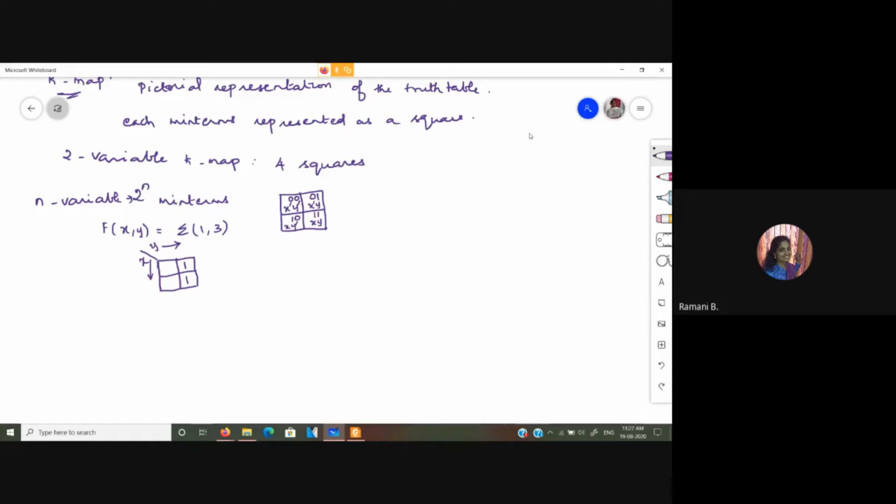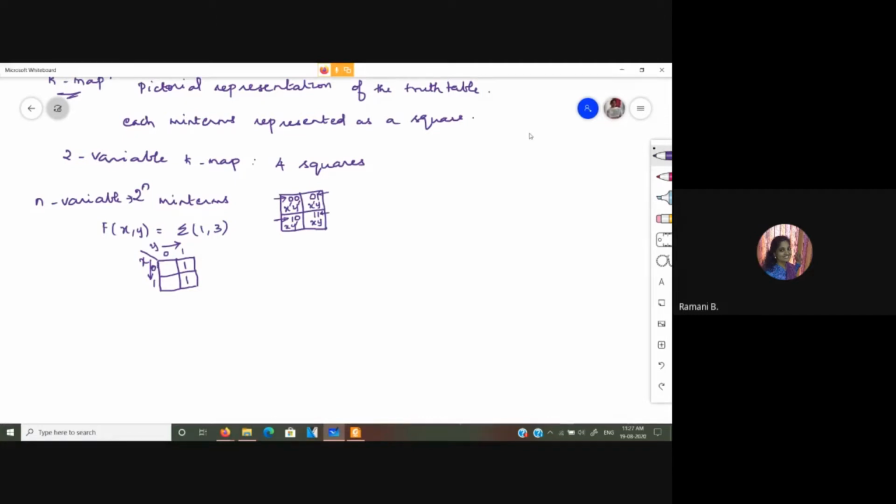So here x value is 0 and 1, and here y is 0 and 1. So the combination you can say. Okay, so this box corresponds to x equal to 0 and y is equal to 0. That is what I wrote here. And this particular box corresponds to x is equal to 0 and y is equal to 1. And here this corresponds to x equal to 1 and y is equal to 0. And this box corresponds to both x and y equal to 1.